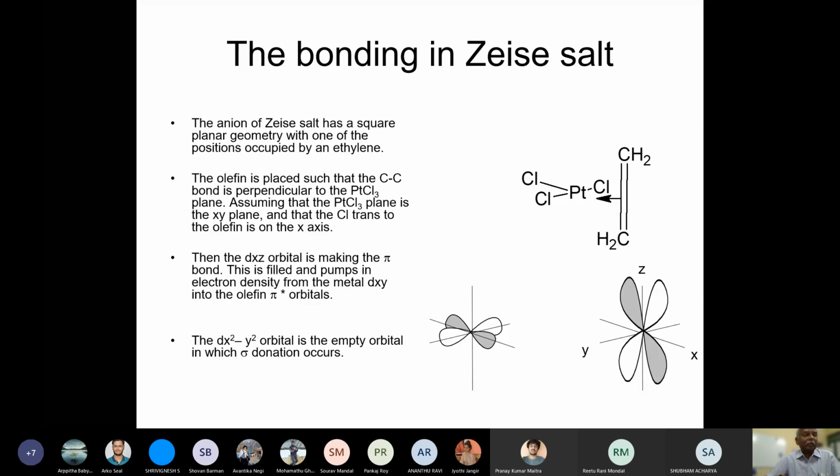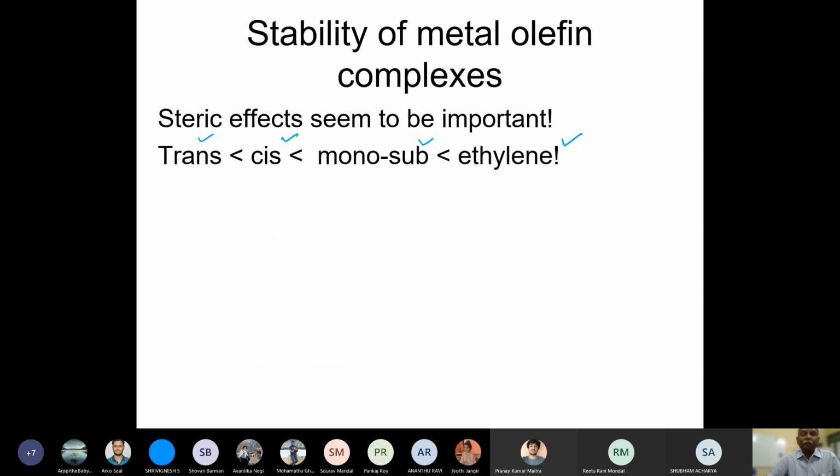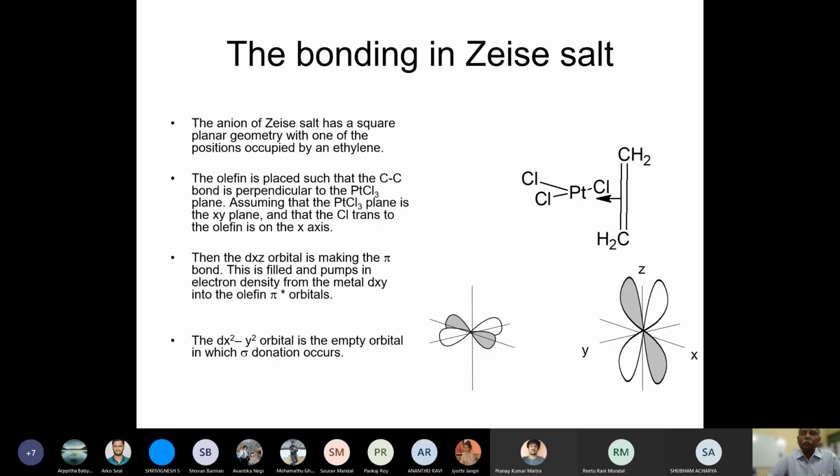These are factors as far as steric effects are concerned. Now I come to electronic factors. As long as the sterics are the same, you can think about electronic factors. For example, in the Zeise complex, it's interesting that I can bond with the platinum in this fashion.